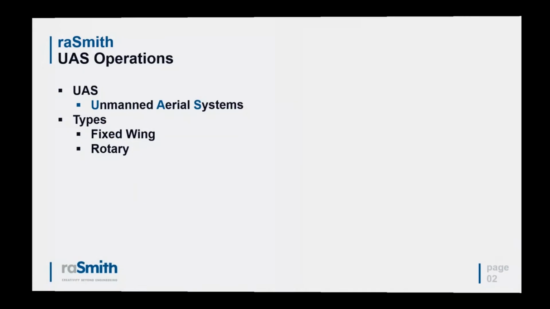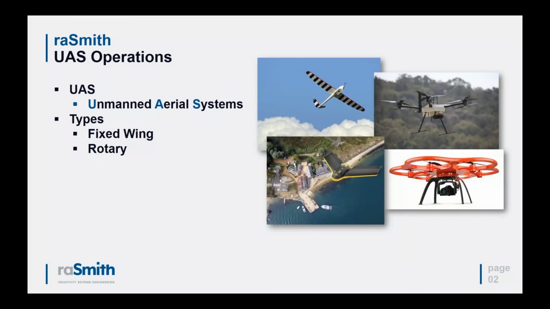I wanted to first just talk a little bit about some very basics, and that being the different types of unmanned aerial systems out there today. They're primarily made up of two different types, fixed wing and rotary aircraft, and each has its place.